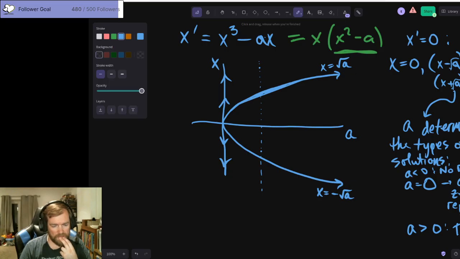Okay, well, if x is really big, then everything inside is positive, so we're going to go up for the top there, and similarly down at the bottom.